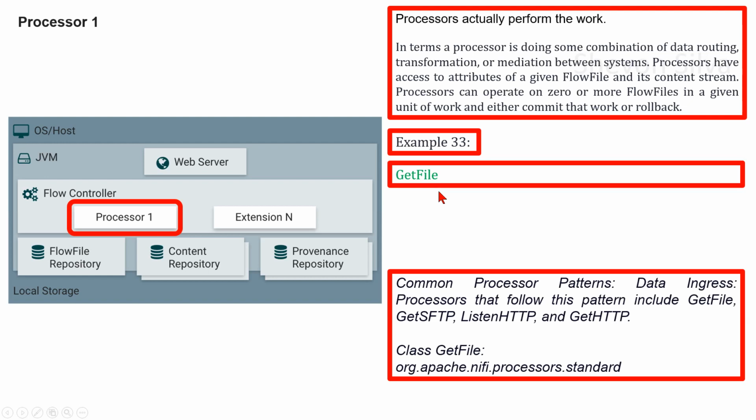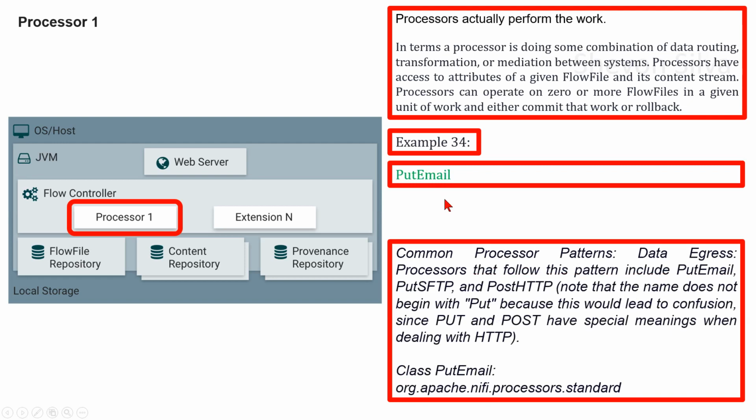The processor name starts with Get or Listen depending on whether it polls an external source or exposes some interface to which external sources can connect. The name ends with the protocol used for communications. Processors that follow this pattern include GetFile, GetSFTP, ListenHTTP, and GetHTTP.